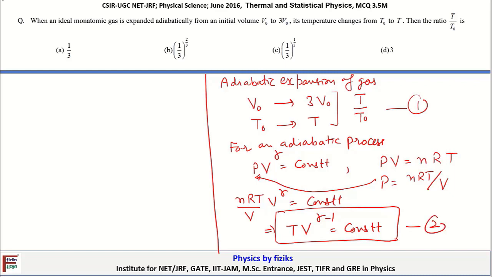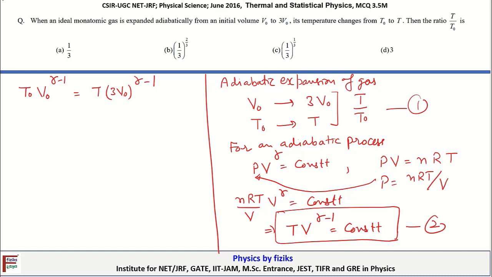So for these two different conditions of the adiabatic expansion of the gas, for the initial stage, the temperature is T naught and the volume is V naught. So T naught V naught to the power gamma minus 1 is equal to the final temperature T and the final volume 3 V naught to the power gamma minus 1.